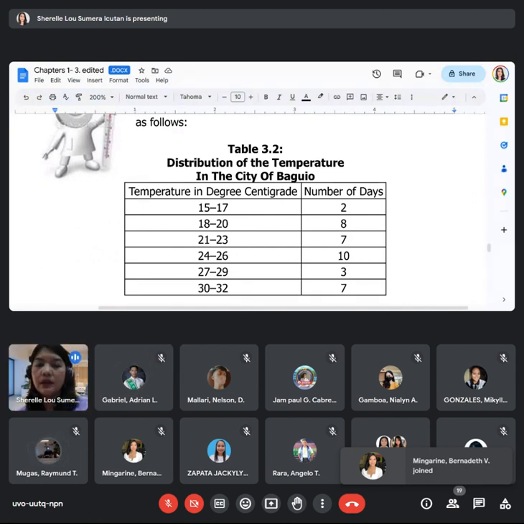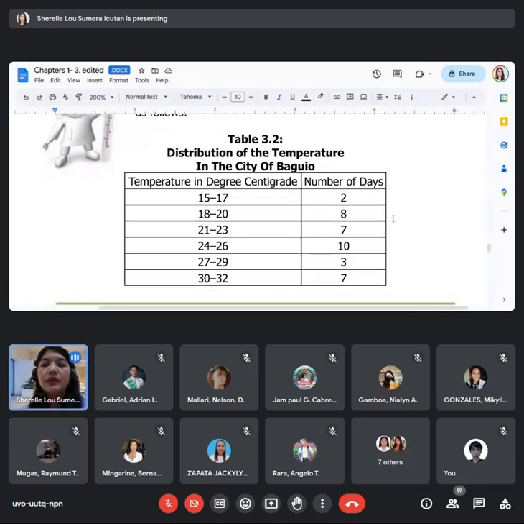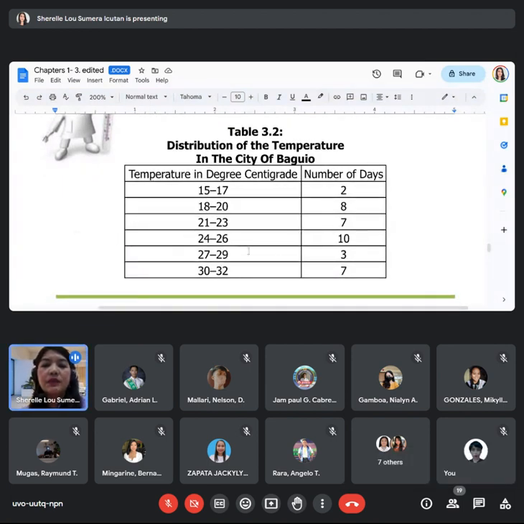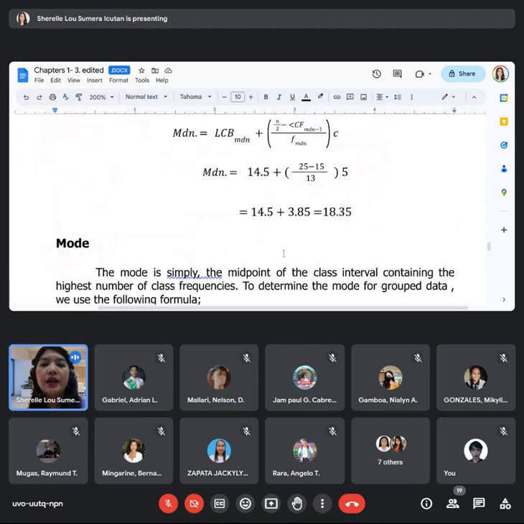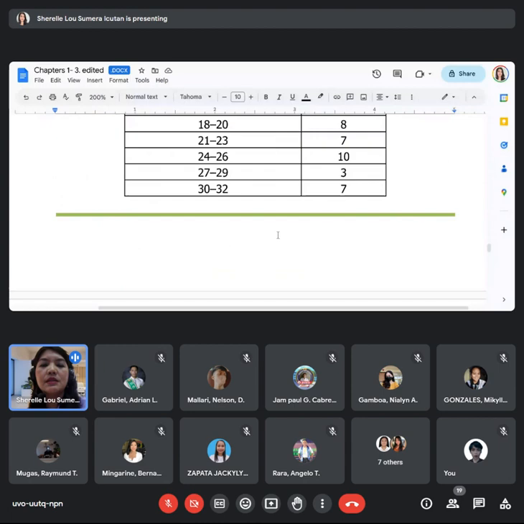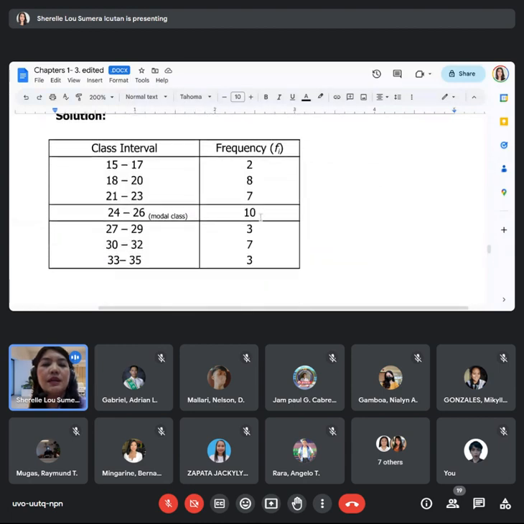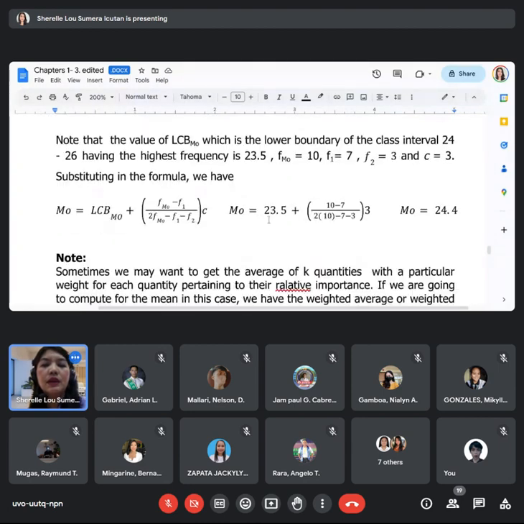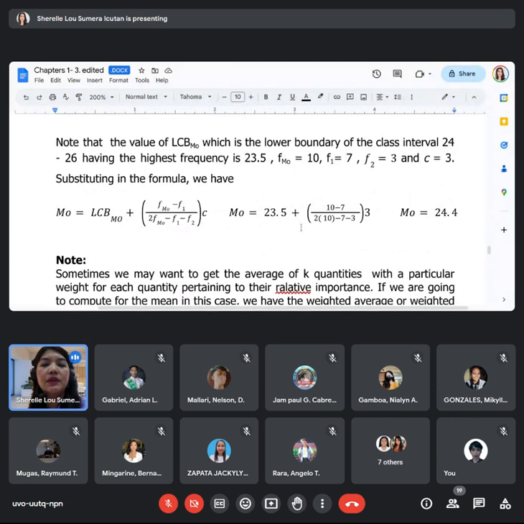Okay, good, fourth. So it's the fourth class interval. You just have to highlight that this is already your modal class. Now, in your formula, what is the lower class boundary of the modal class?